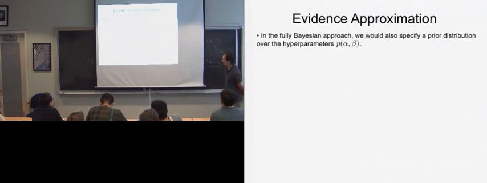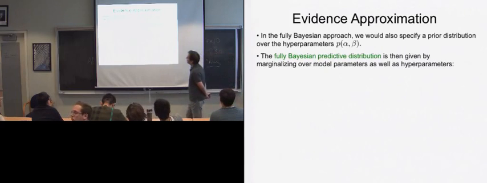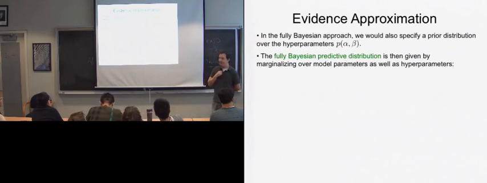Now, let's look at the framework of evidence approximation. This will probably be the last piece of the class today. If we look at the fully Bayesian approach, we would also like to specify the prior probability over our parameters, or over the hyperparameters.